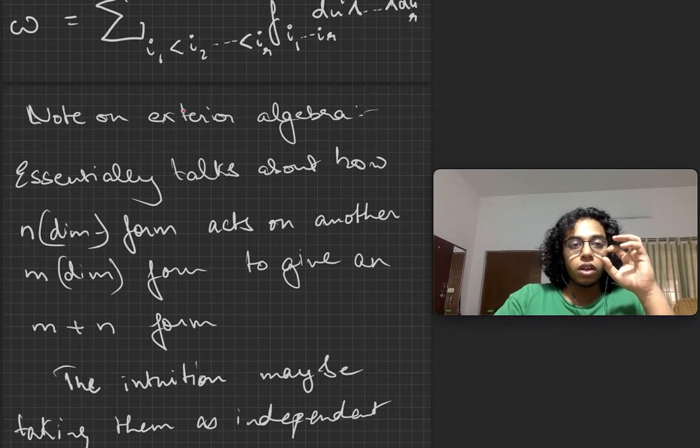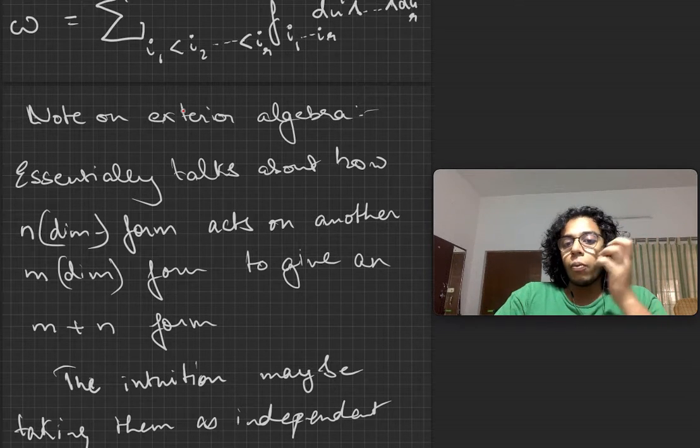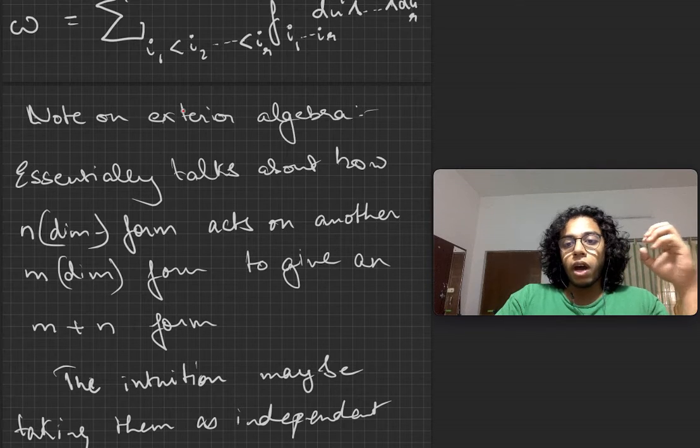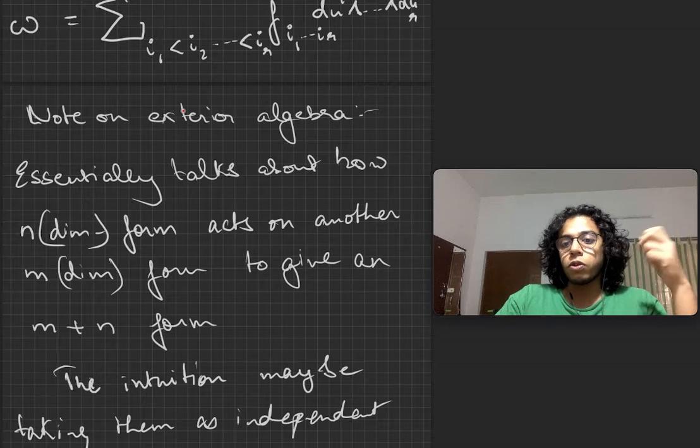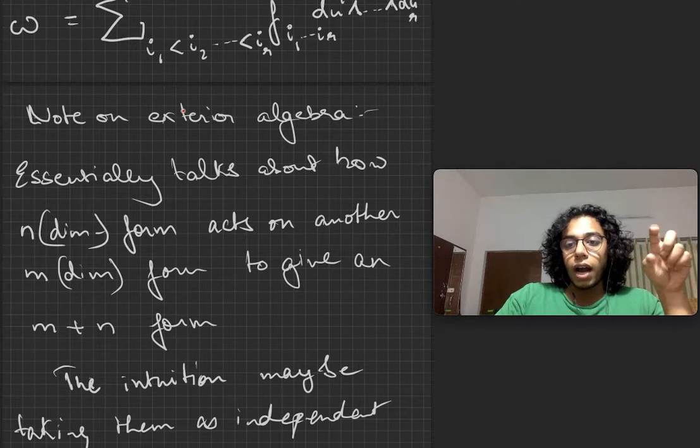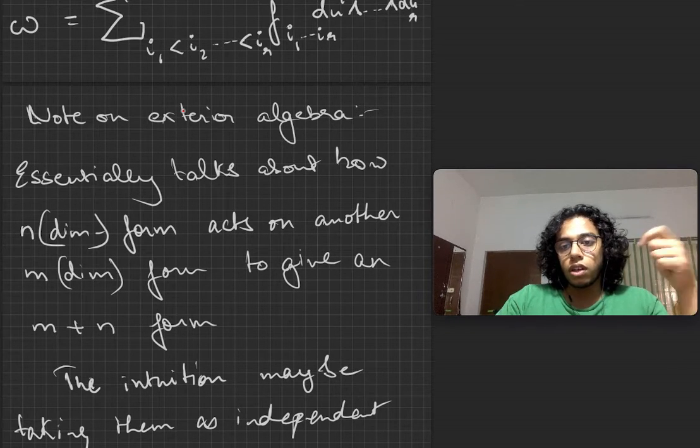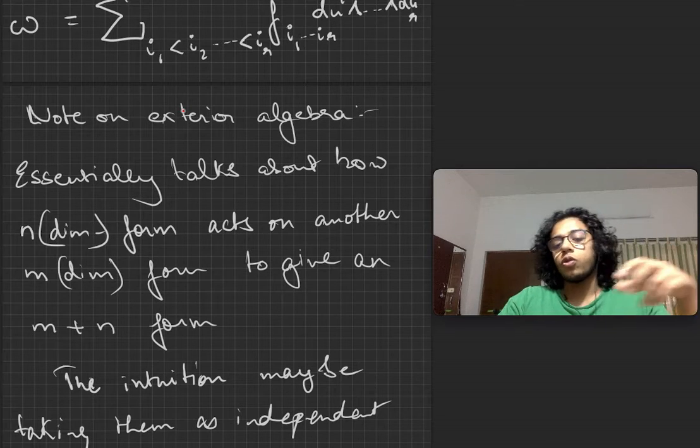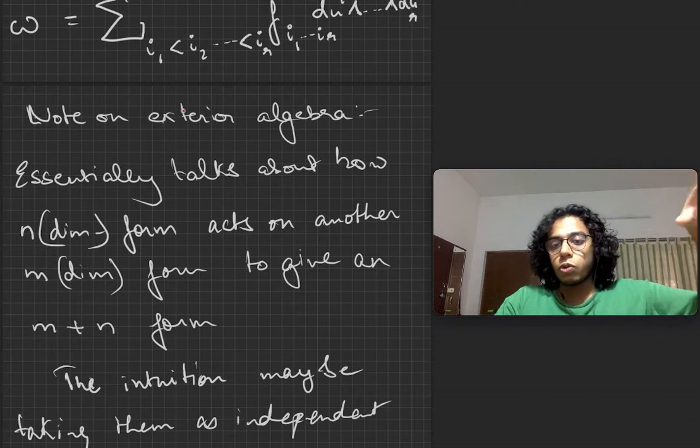It is kind of providing a pathway for one manifold M which has n dimensions to leak into another. Or instead of talking about manifolds exactly, you can talk about the form, because the algebra acts on the form itself and not necessarily on the manifold itself, unless you have the n dimensional form.